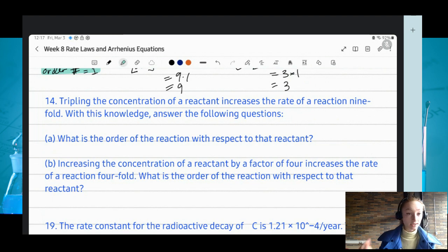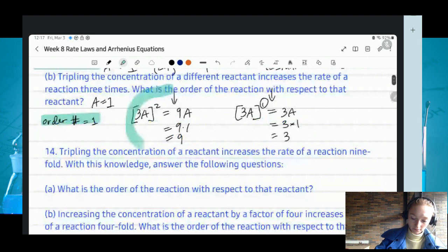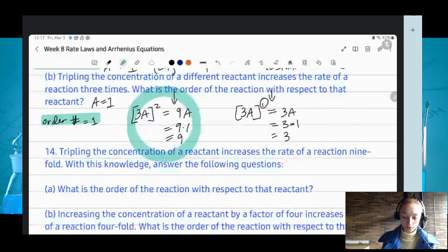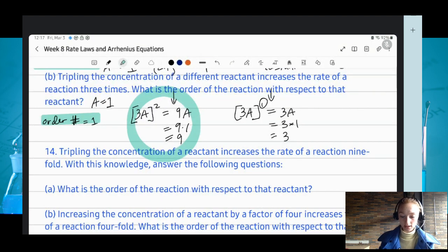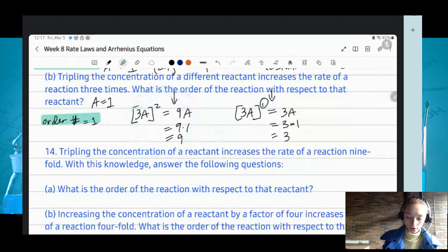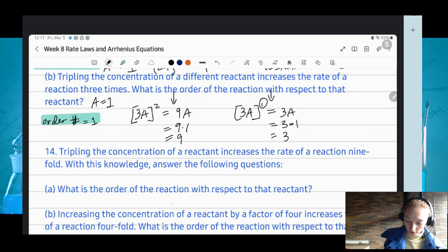Just as we did last time, in this case we are also tripling the concentration of the reactant, but the rate is changing by 9 times. And that is what we got when it was to the second power, order number 2. So that is the answer because it is being squared, so 3 squared is 9. So it is the order number of 2. So second order.